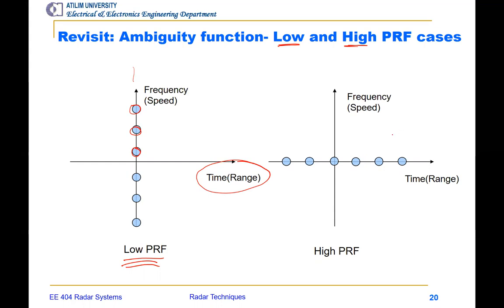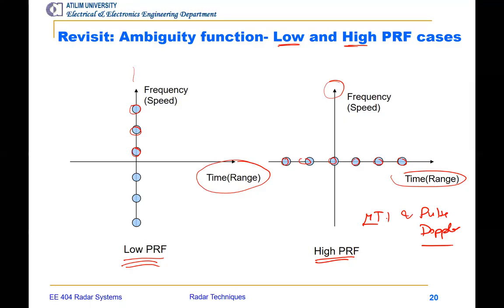On the other end, for high PRF, we have ambiguities over the range axis, while no ambiguity over the speed axis, right? This was a very common problem that we talked about in MTI and pulse Doppler radar. One was good at speed measurements, the other one is good at range measurement. So there is a problem here, as you see. There should be a trade-off between speed and range.